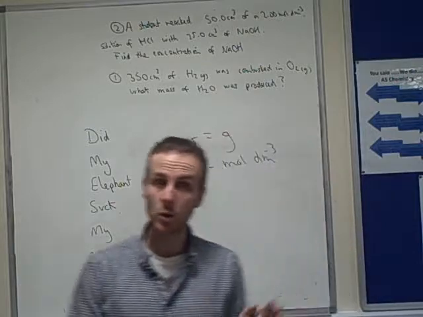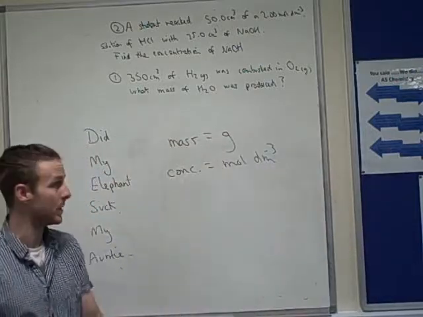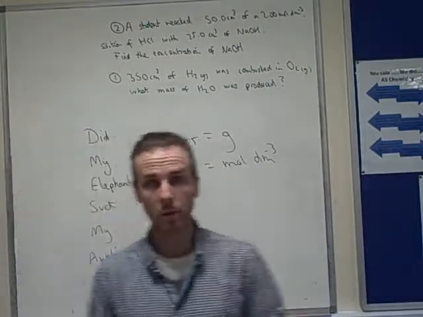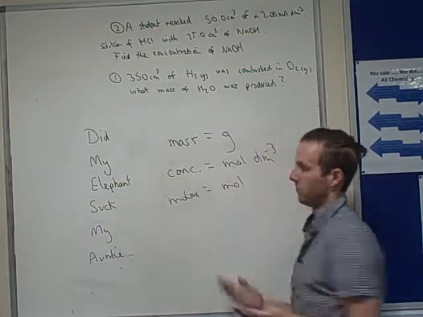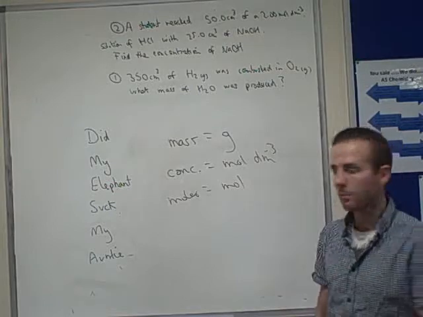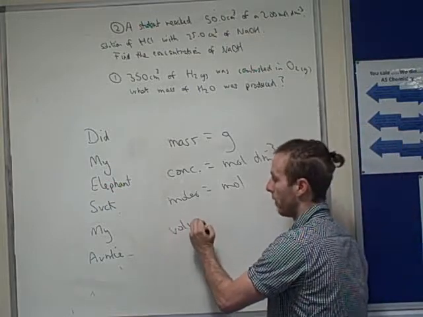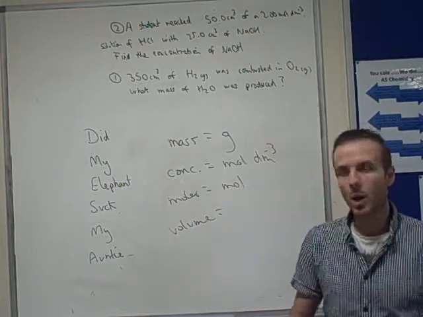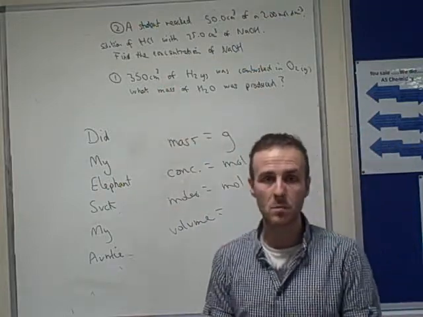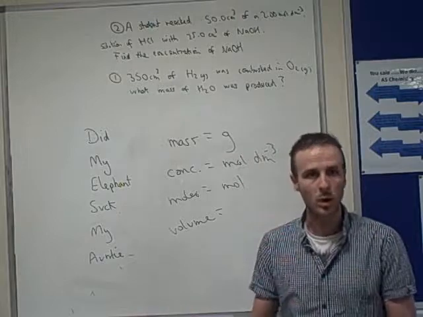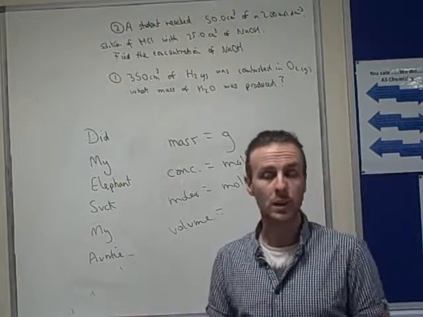Concentration has to be always in moles per decimeter cubed. So again, if it's not given in moles per decimeter cubed, you need to convert it into moles per decimeter cubed. Moles is dead easy, that's just mole. We've also got volume, and volume is the tricky one. Because in my questions, the volumes tend to be measured in centimetres cubed, but that's not the way you need to use it in the equations.